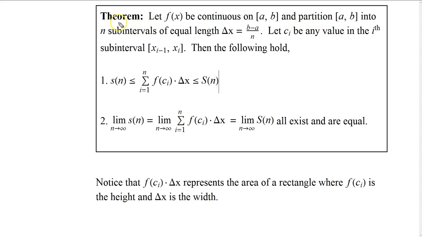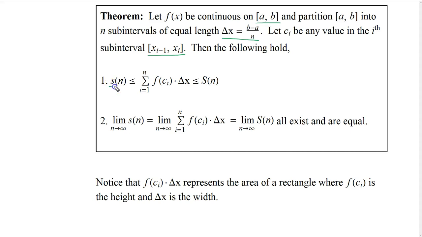Now let's consider this theorem. This is a very important theorem. Let f of x be a continuous function over an interval [a, b], and we partition [a, b] into n subintervals of equal length, like we've done before, and we let c_i be any value in the ith subinterval. Then the following results hold.